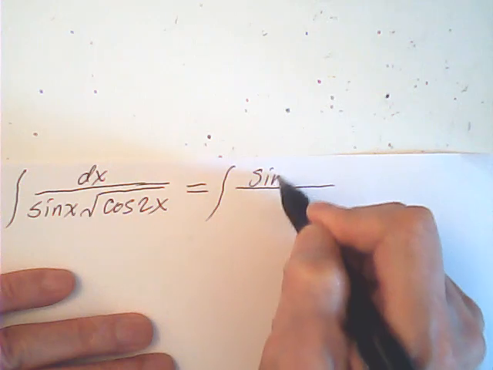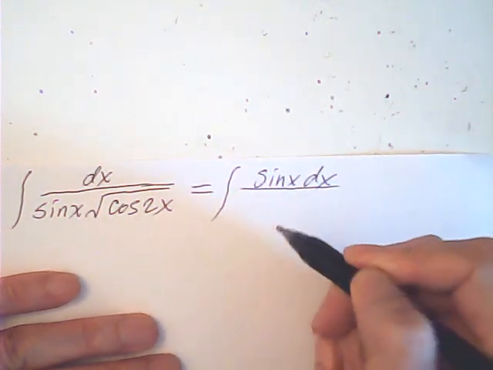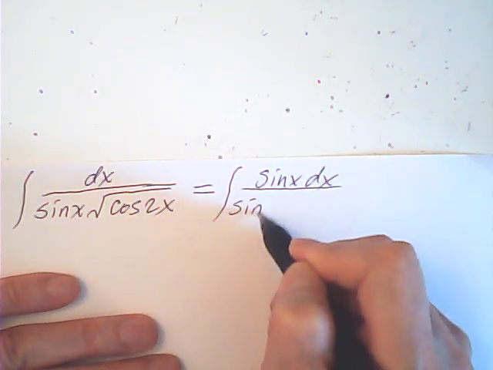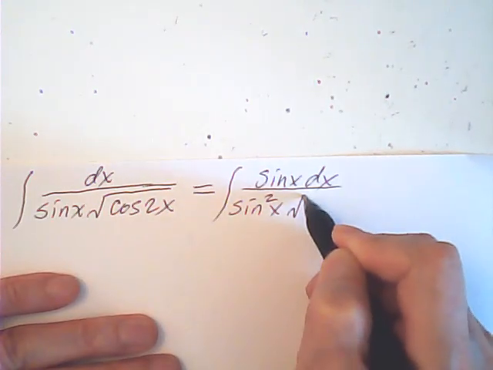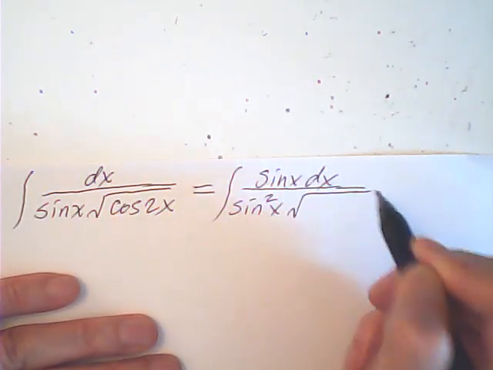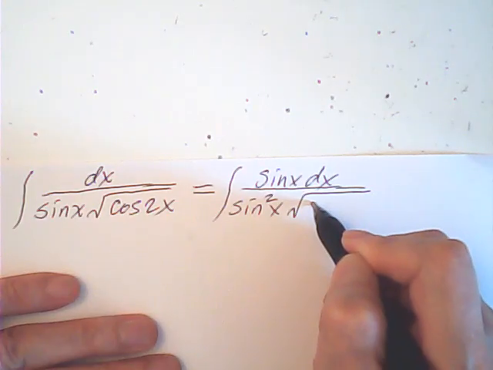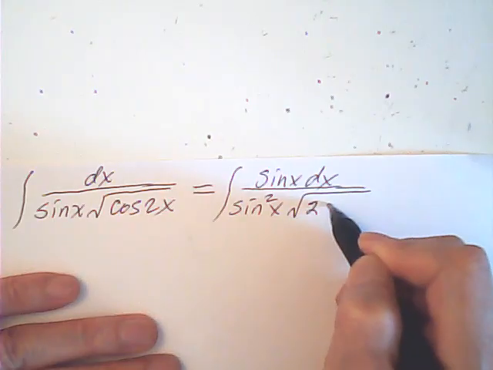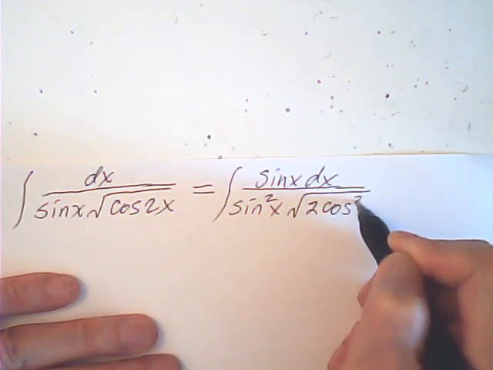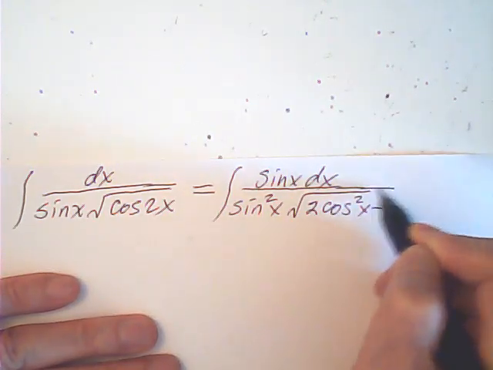So this is sine x dx. This will be sine squared x, and this is 2 cosine squared x minus 1.